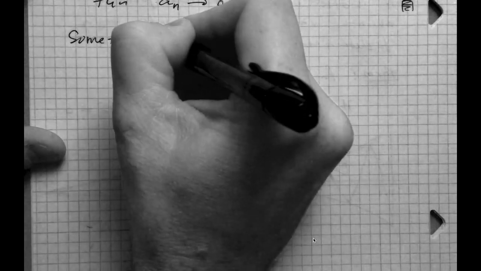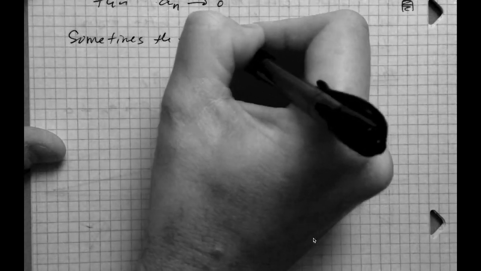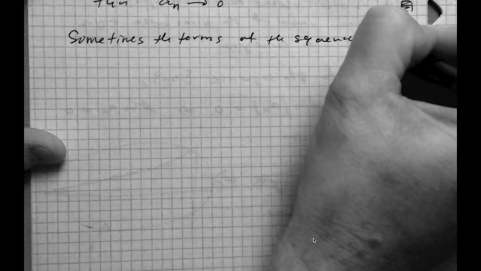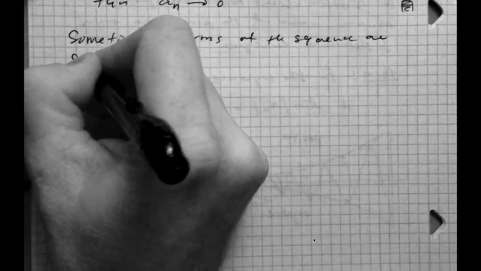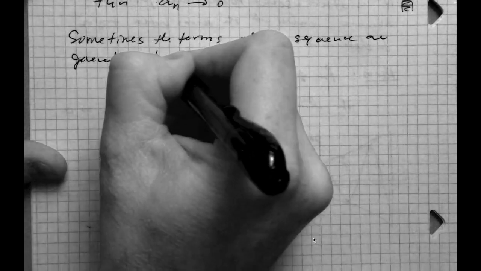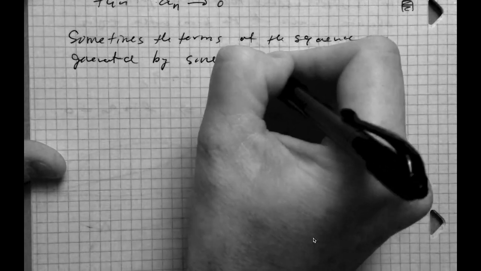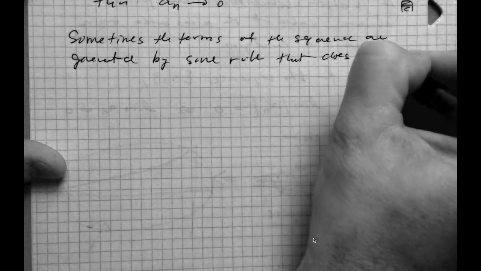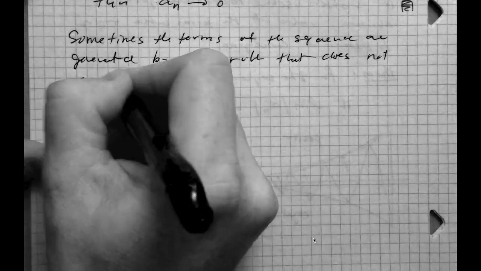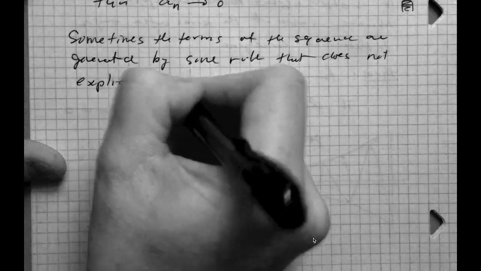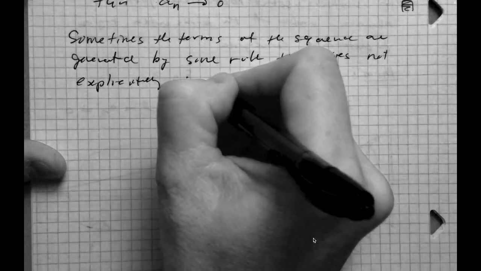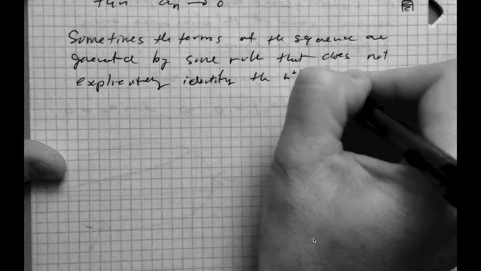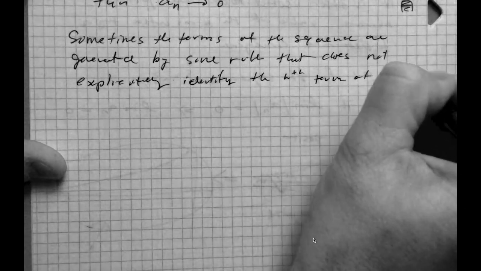Sometimes the terms of the sequence are generated by some rule that does not explicitly identify the nth term of the sequence.